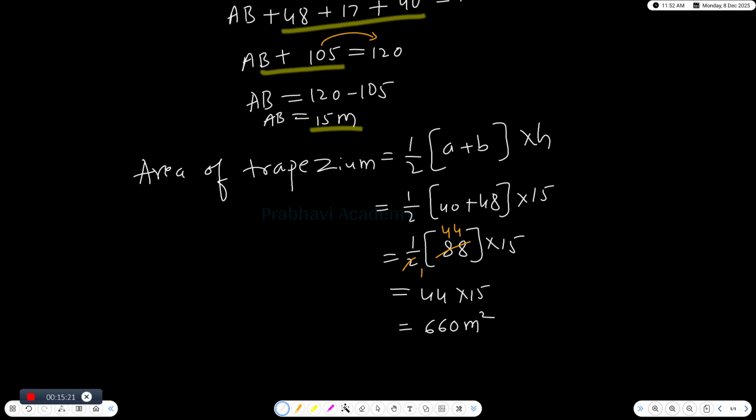So area of field which is fenced is 660 meter square. So this is the answer. Let's go to the next one.